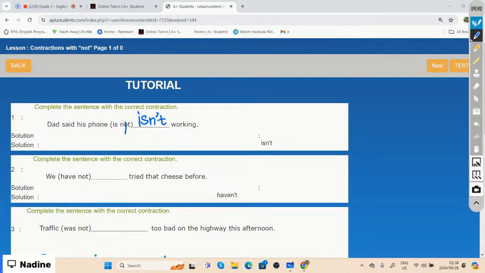So that is correct. We have not tried that cheese before. What is the contraction within that sentence?